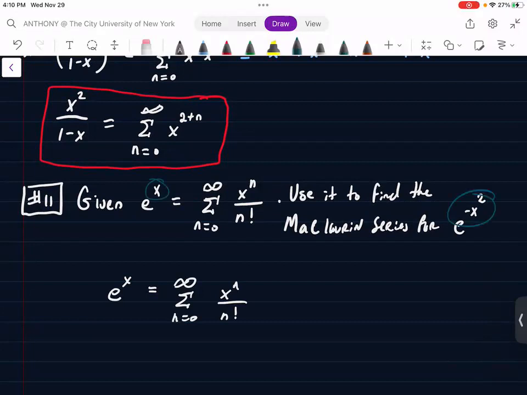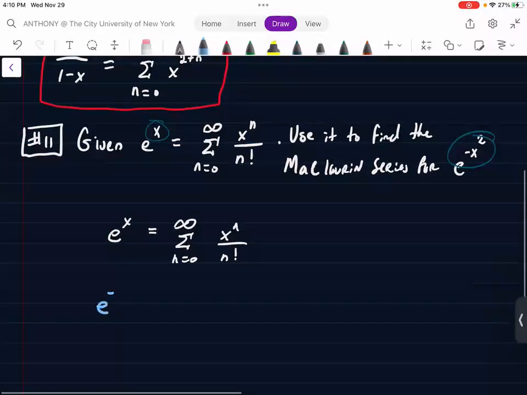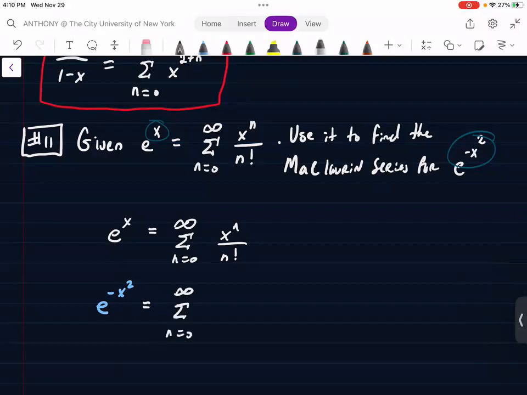So this will give us e to the power of negative x squared equals the sum from n equals 0 to infinity of negative x squared raised to the power of n, all divided by n factorial. Basically I just replaced the x with negative x squared.